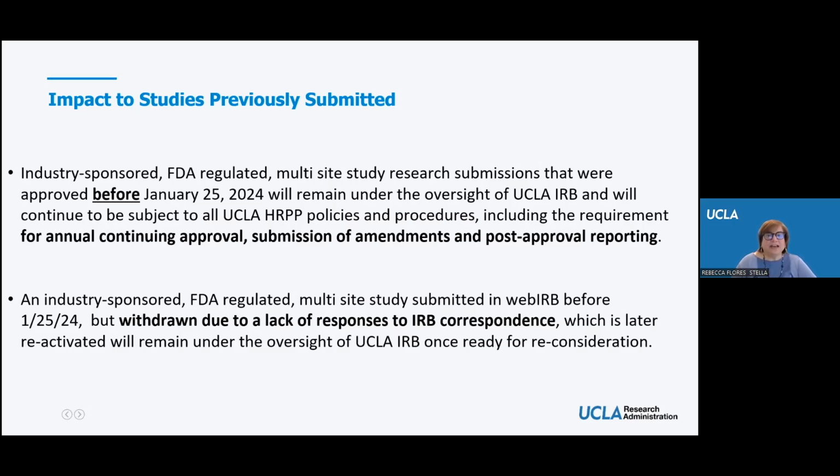As you know, after 90 days, your study is automatically withdrawn in WebIRB and goes into a withdrawn state. When your sponsor is ready to resubmit that study, they've finalized the consent, or you've received MRSC approval or IBC approval, whatever it is that you were waiting on, you can reactivate that study. That study then goes into the pre-submission state, and you have to submit again.